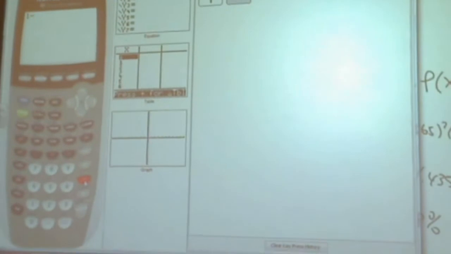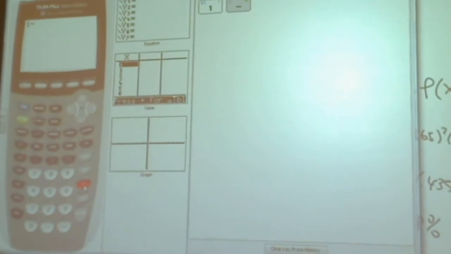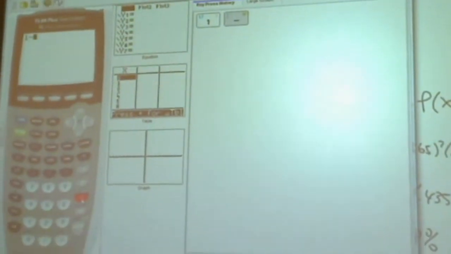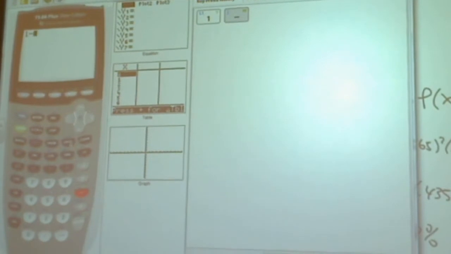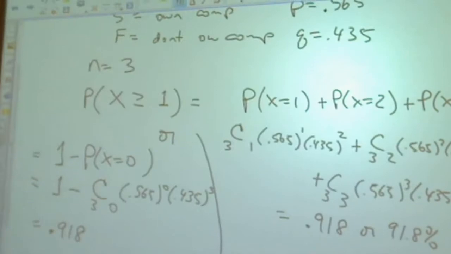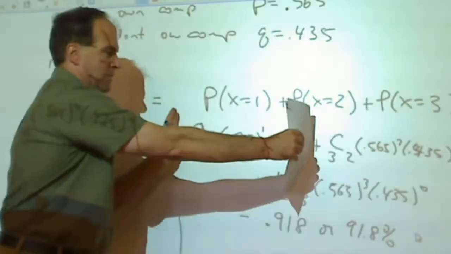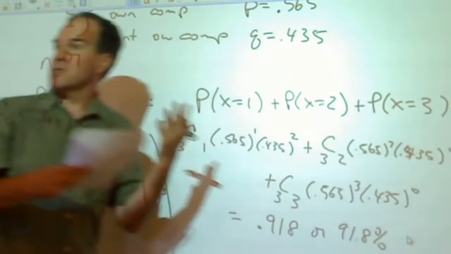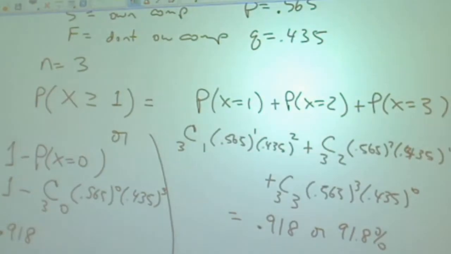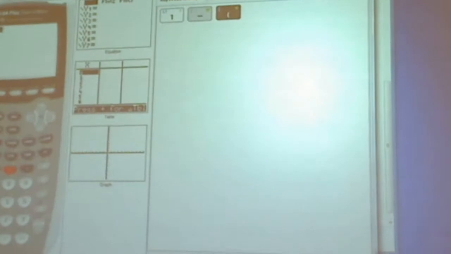Can I show you after class? Okay, I'll show you how to do that. And I will have calculators here if you want to. Okay, so I'm going to put that combination in a bracket on the calculator. If I was doing this, each one of these would be in a bracket. Okay. So bracket combination.